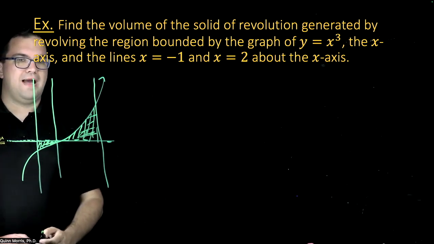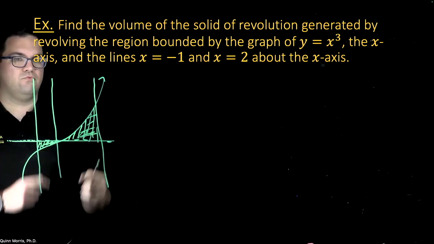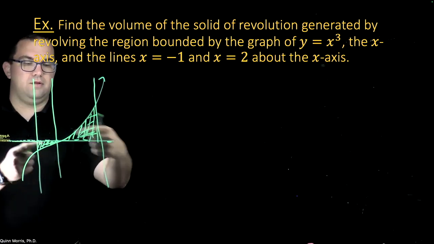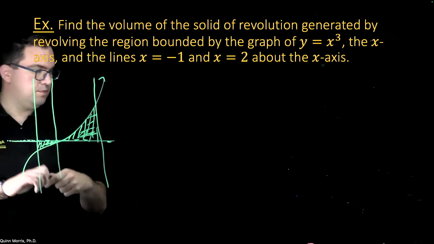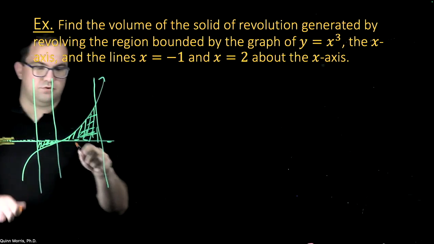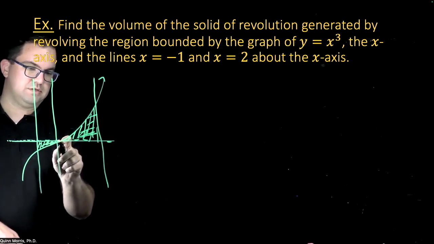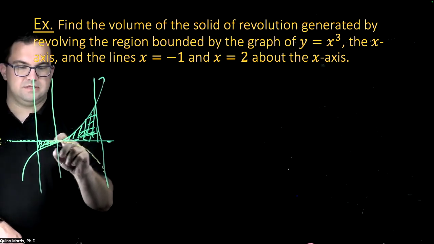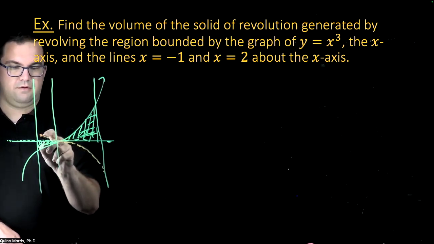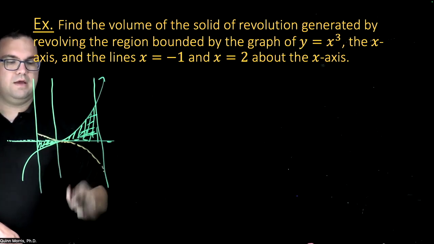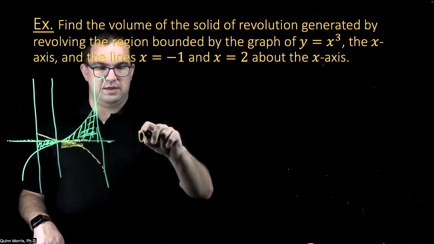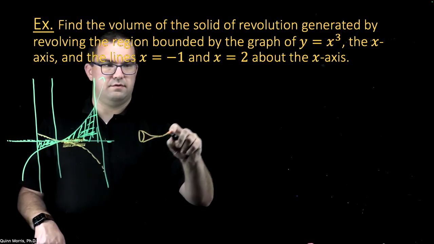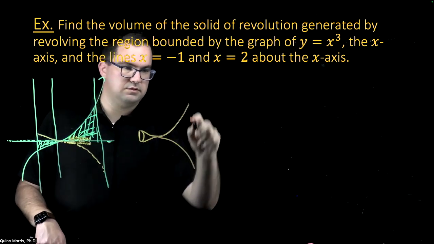Okay. Now that we understand our region, you want to imagine it's going to be rotated about the x-axis. So it's going to be rotated around this axis here. As this is rotated around, it's going to split out this way. And this piece, as it's rotated around, is going to split out this way. You can start to imagine that you're going to end up with a shape that's going to look something like this.